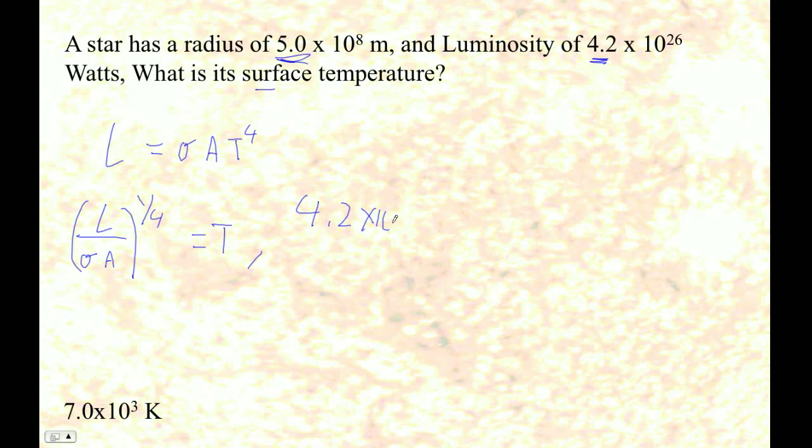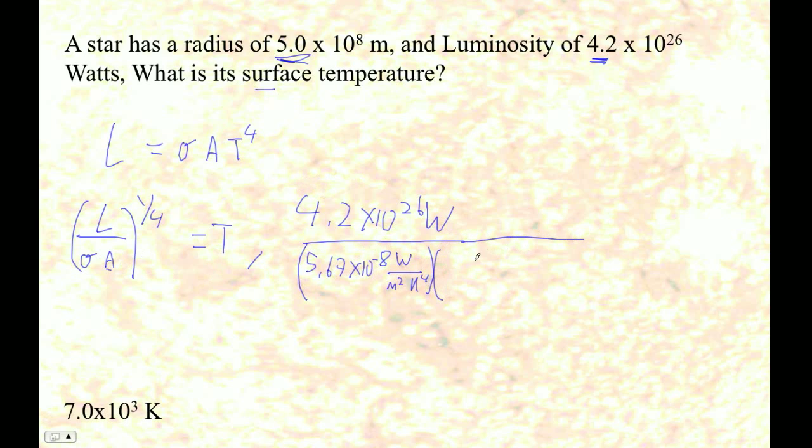So 4.2 times 10 to the 26th watts divided by 5.67 watts per meter squared kelvin to the 4th. That's part of the denominator, and then we've got to put the area there.